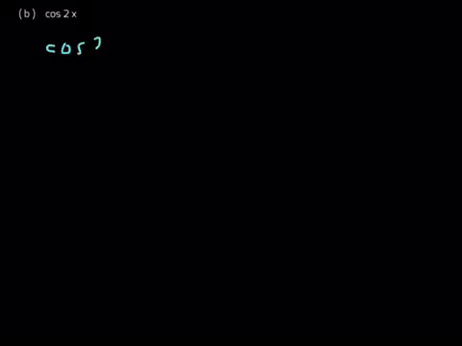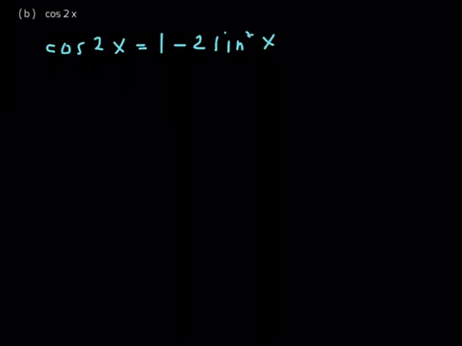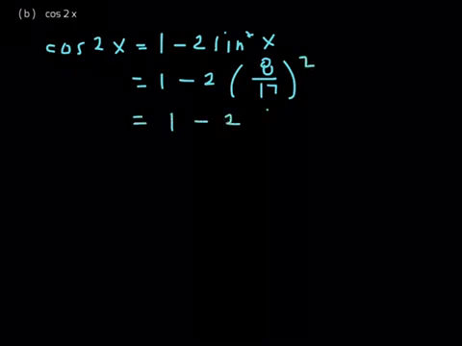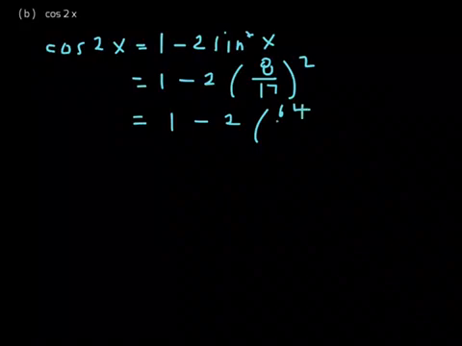Cosine of 2x is what I'm looking for, and we know that cosine of 2x can be rewritten as 1 minus 2 times sine squared of x, okay? This is good news because we know what sine of x is. Sine of x is given as 8/17, and we need to square that. So then this is 1 minus 2 times 64/289ths, right?